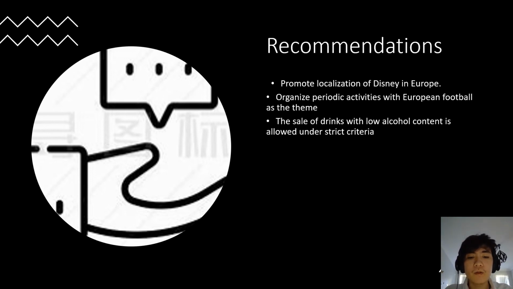Secondly, promote European football scene activities, such as holding youth competitions and watching the World Cup together in the square, and inviting the families of soccer stars to play on the field. And this is more attractive for the football-loving European tourists.